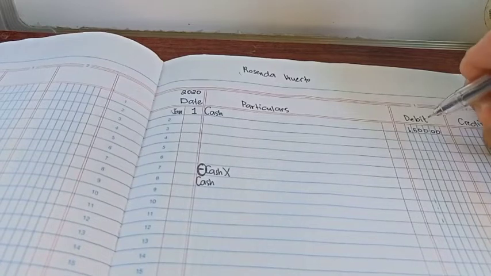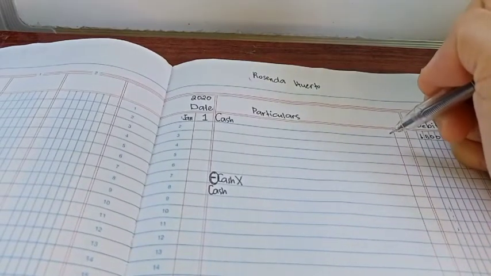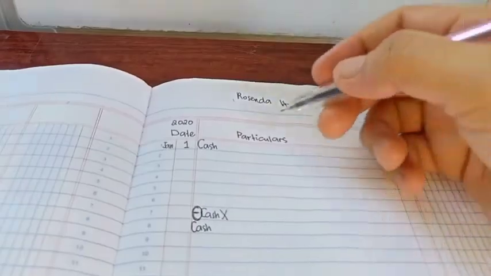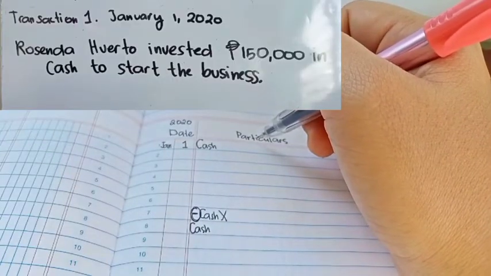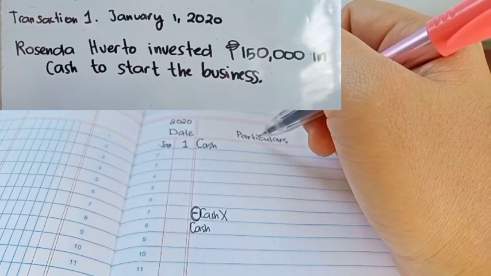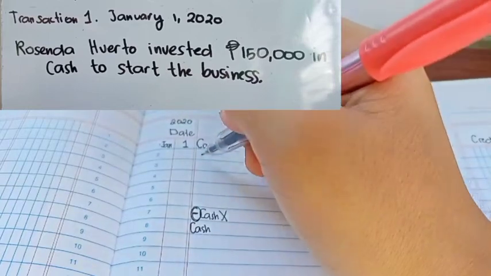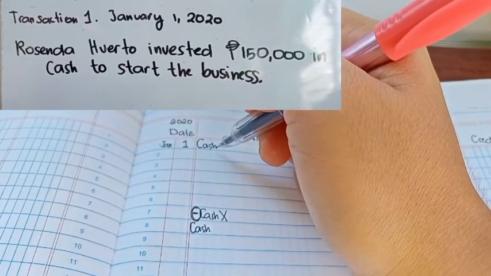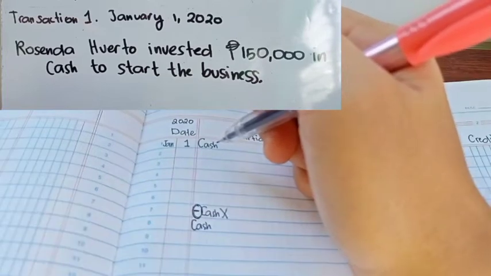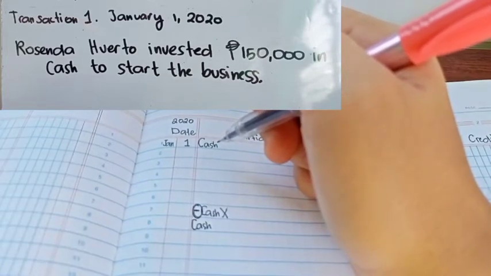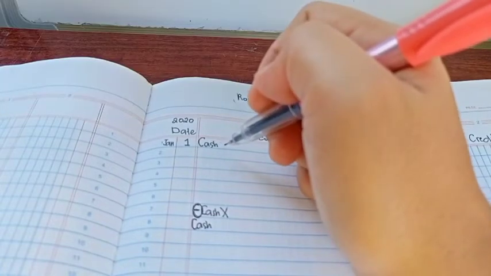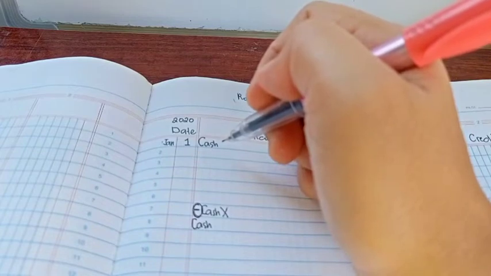Okay, now, we are done with the debit side. Now, we will proceed to the credit side. Sinabi sa problem, Rosendo Huerto invested 150,000 in cash to start the business. So si cash is nailagay niya na. Nasa debit side na siya dahil pumasok si cash sa business. Pag nagpasok ka ng cash, if you are the owner and nagpasok ka ng cash into the business, it is classified as an investment.